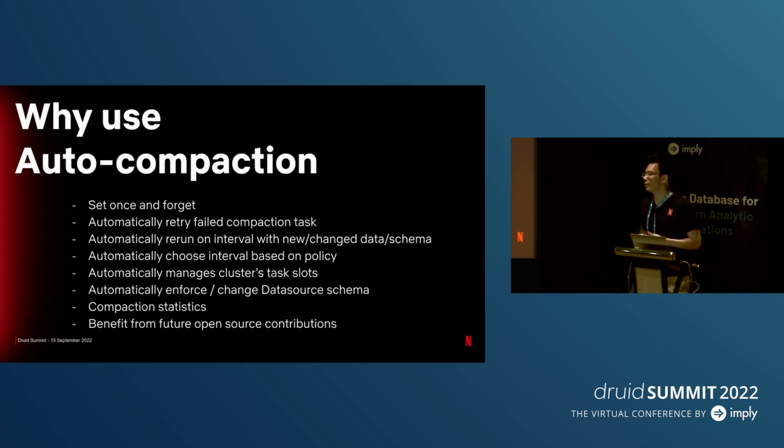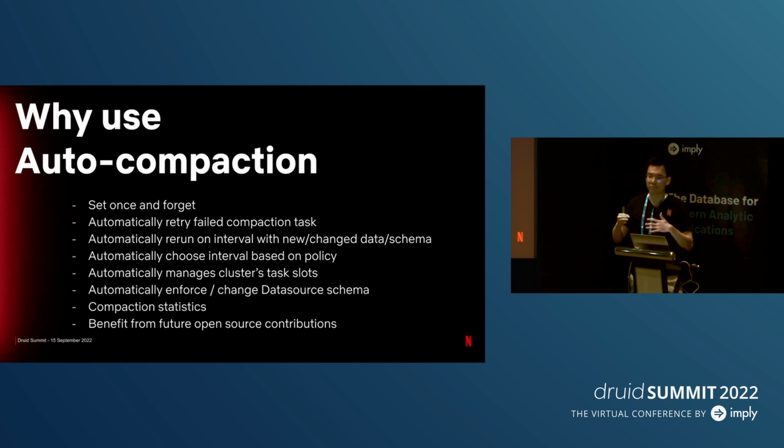It can also enforce data source schema. In Druid, you don't really have the concept of schema per data source. Each segment has its own schema. But what you can do is specify a schema in the auto-compaction. So for example, you can list what dimensions you want, say dimensions A, B, C. And when auto-compaction runs through all of the intervals in your data source, it will make sure that when they're recompacted, they will only have dimensions A, B, C that you listed.